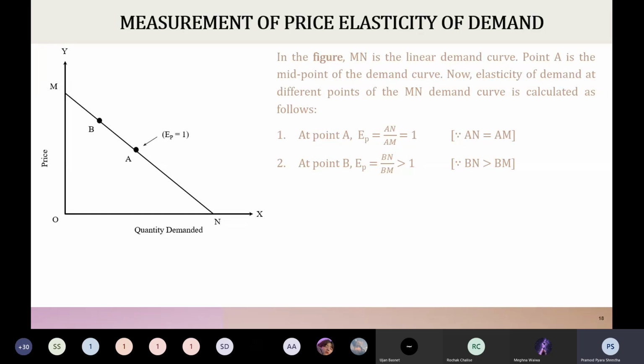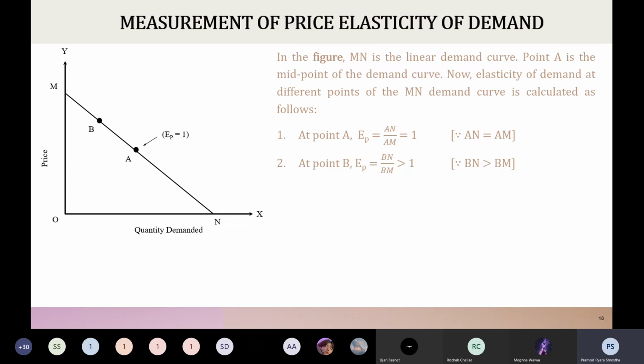The length of our demand curve is 4 centimeters here, and if BN is 3 centimeters, then BN is 3 centimeters divided by BM, which is 1 centimeter. So 3 divided by 1 is 3, which is greater than 1. So at any point between A and M, price elasticity of demand will be greater than 1.